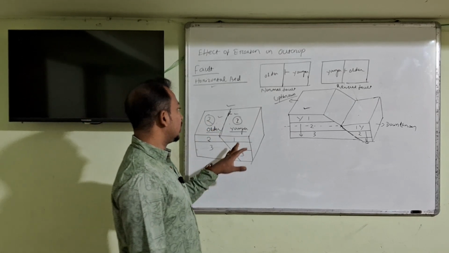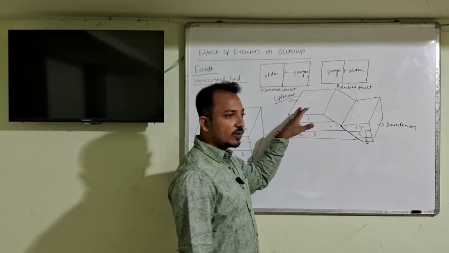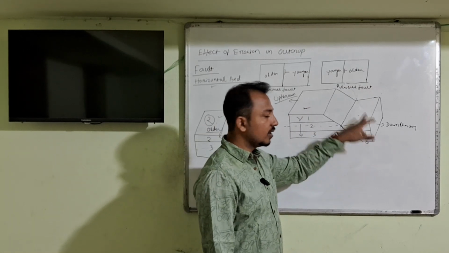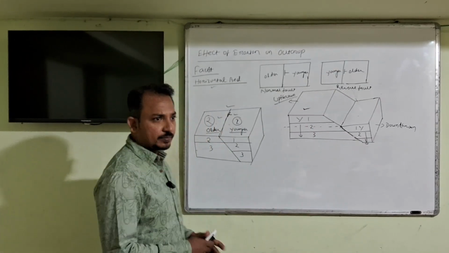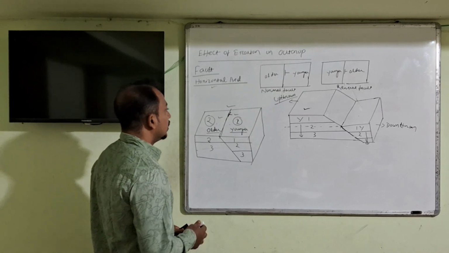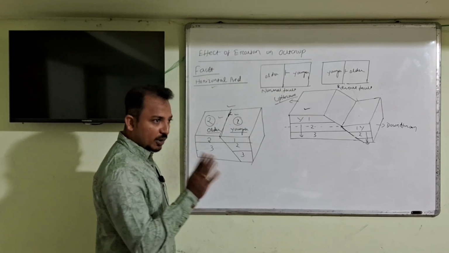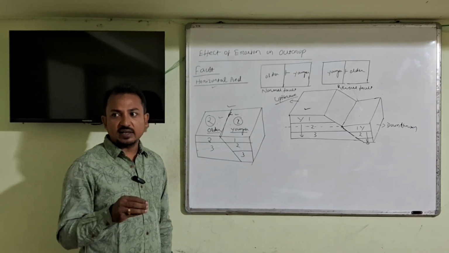Then in case of a normal fault, the foot wall is the up-thrown. In case of a reverse fault, the hanging wall is the up-thrown. Then comes the dipping of the fault plane. This is the most important thing.